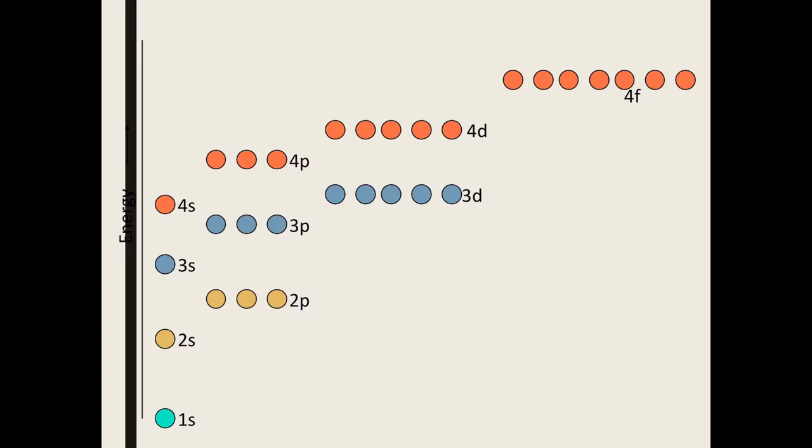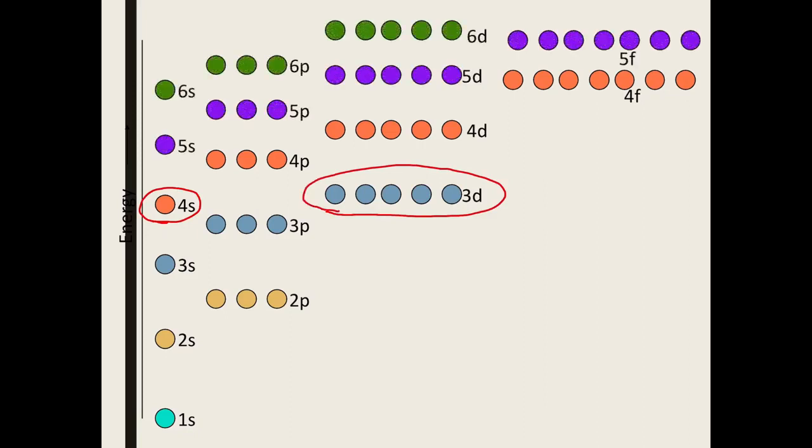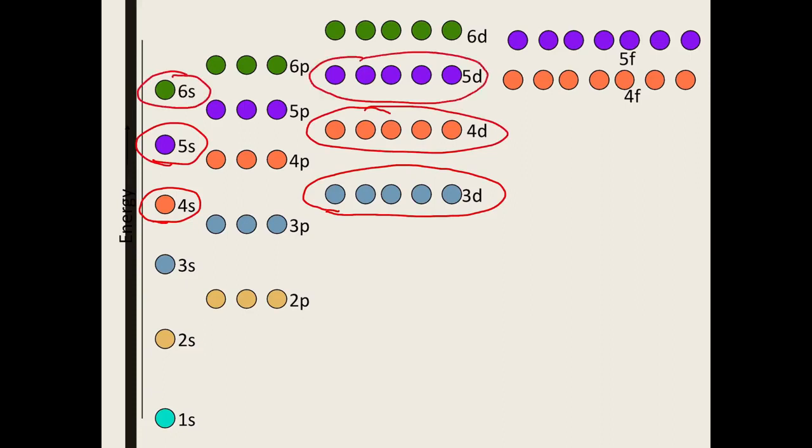Even though they're in the 3rd energy level, with principal quantum number 3, the 4s electrons are actually lower in energy than the 3d electrons, which is odd, right? It continues: the 5s electrons are lower in energy than the 4d, and the 6s electrons are lower in energy than the 5d and the 4f actually.